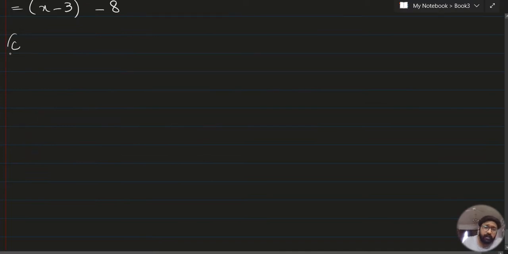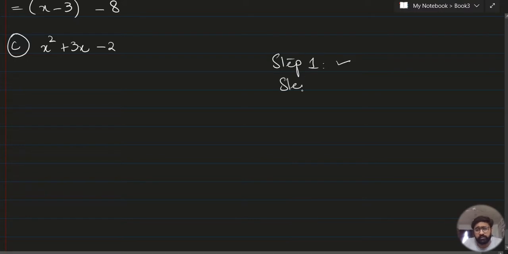The C part is x square plus 3x minus 2. So step 1 is already done. Step 2: we are going to take half of the coefficient of x, that is 3 by 2.